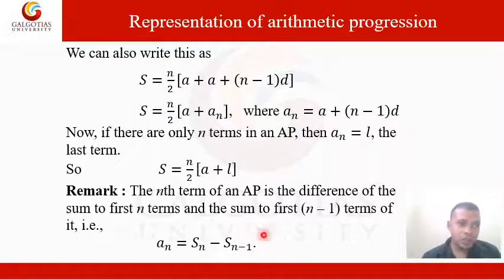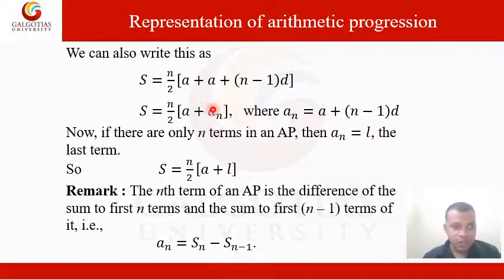We can also write this as S equals n by 2, where I split 2a as a plus a plus n minus 1 into d. Here a is your first term and a plus n minus 1 into d is your nth term. That means the sum of n terms of an AP can also be represented by n by 2 into first term plus last term.